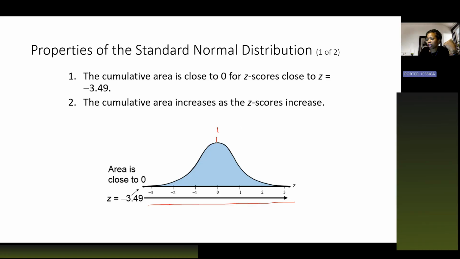Who knows what the area is right here of this part? If this is close to 0 and this is close to 1, what's in the middle? What do you think?